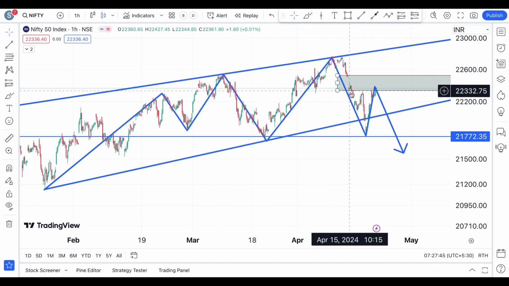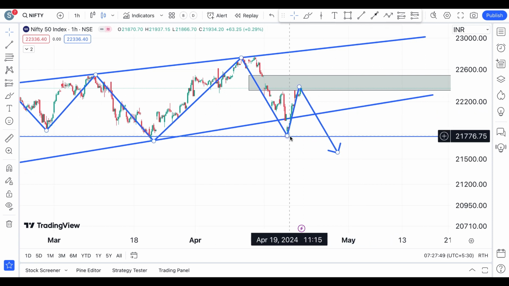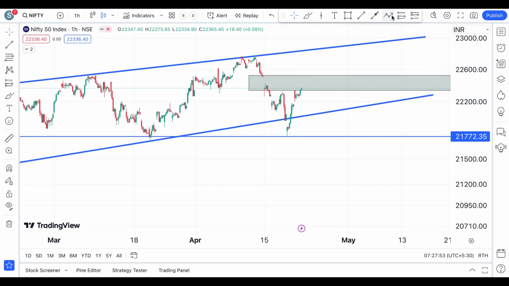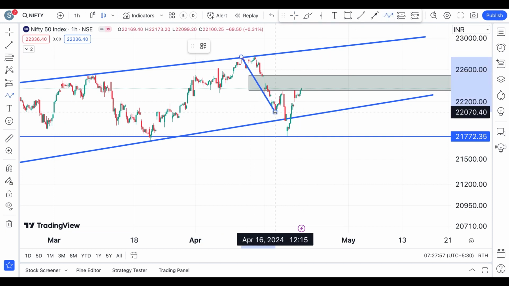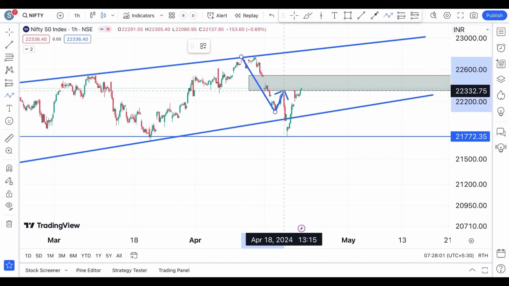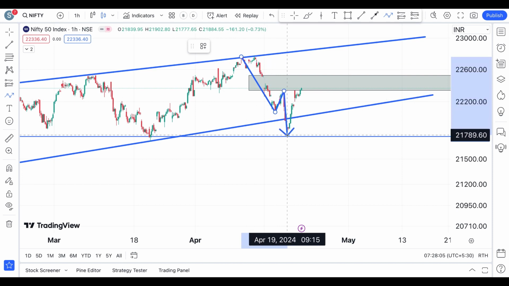Now it is on the way towards the downside, and then here you see, let me redraw this from this point. From there, we have seen momentum towards the downside. This is still holding up, and now we have seen a small lower high, and from there we have seen a breakout.